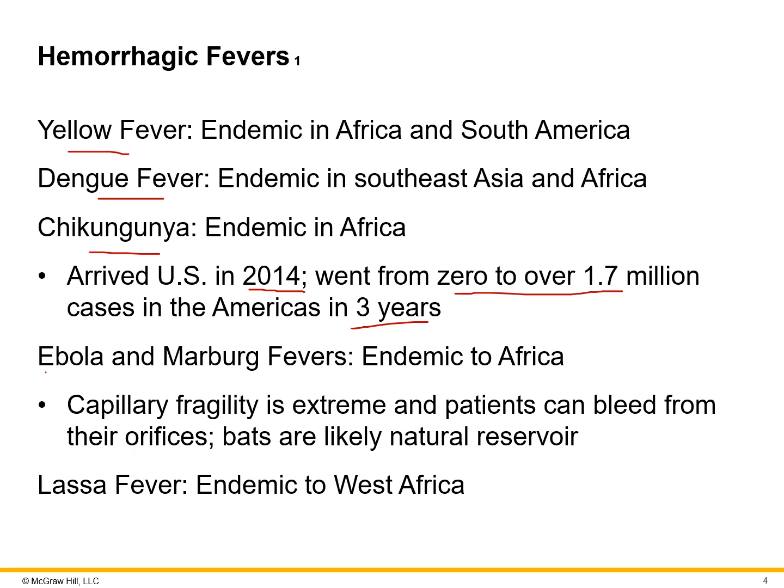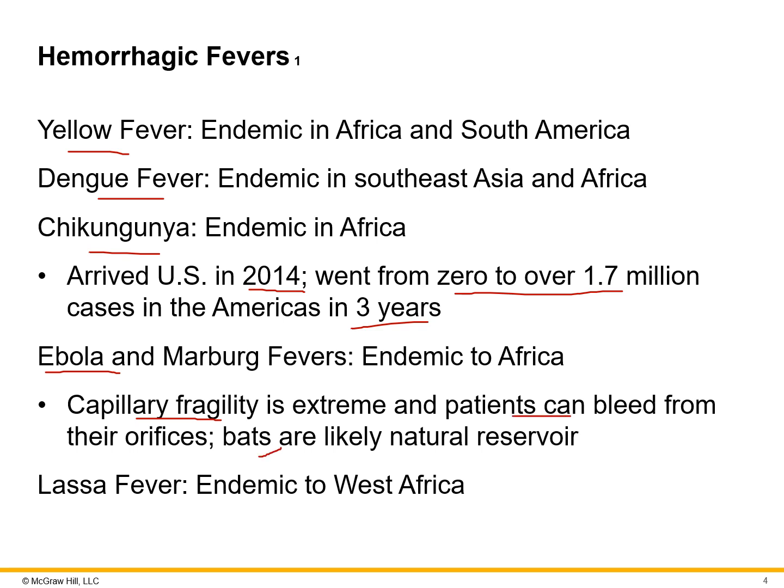Ebola, in case you haven't seen any pictures or heard much about this one, again, these are hemorrhagic, they cause bleeding. This one is so intense and those capillaries become so fragile that the patients actually start bleeding from all of their orifices.